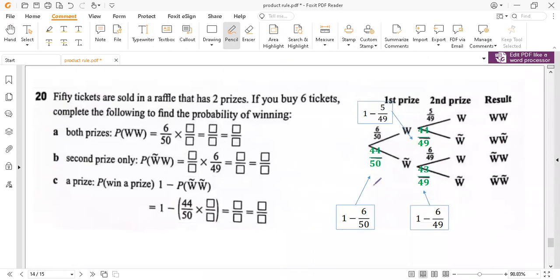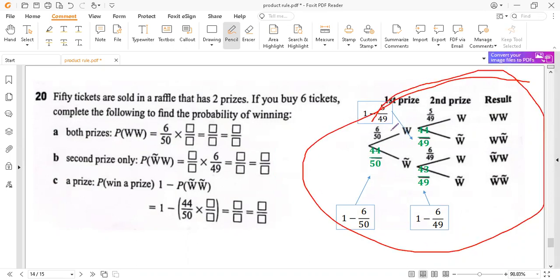The only idea that I want to give you is that when we draw a tree, a diagram, the sum of the probabilities on the branches starting from one node should be equal to 1.